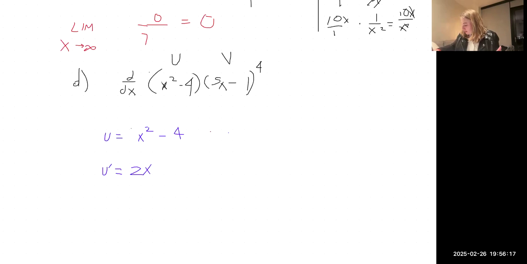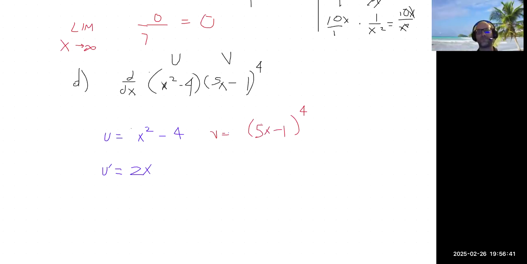V equals, we have to keep it with the 4 thing. Good. So v prime. I'm looking at this and I'm thinking, chain rule. Do we have to use the chain rule on this? That's right. Let me write that in my notes because I'm gonna study really hard tomorrow. I need to be very clear in my notes.